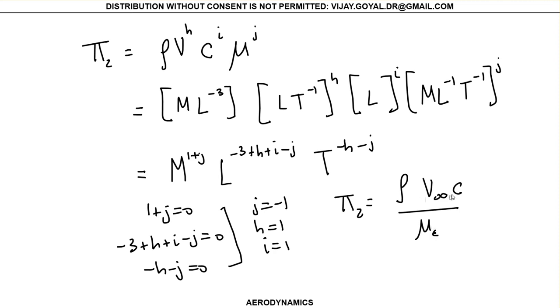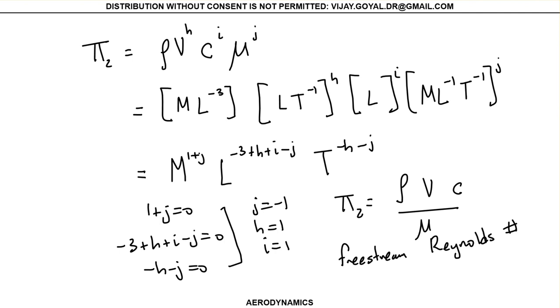I'm sorry, the infinites don't go there. I'm not using infinite. So this is what your equation looks like. And this particular equation is nothing else than a free stream Reynolds number, which is also very, very useful in many types of equations.